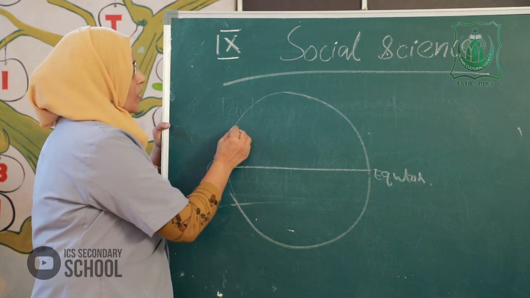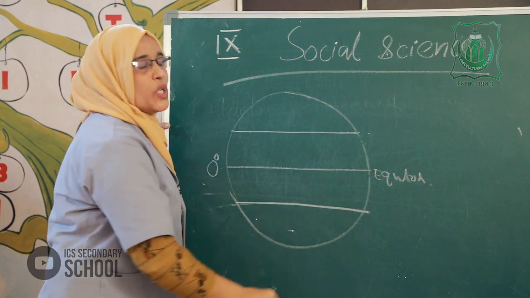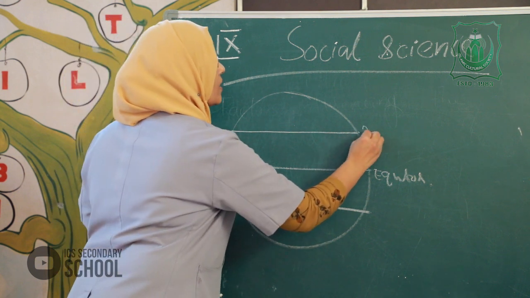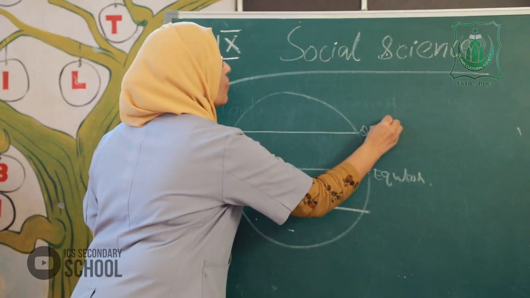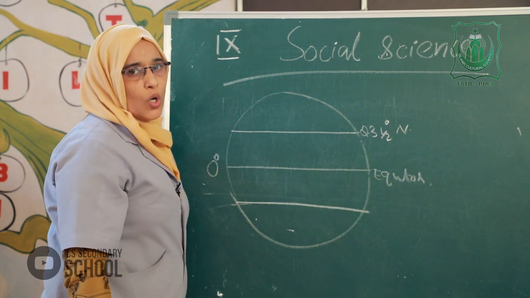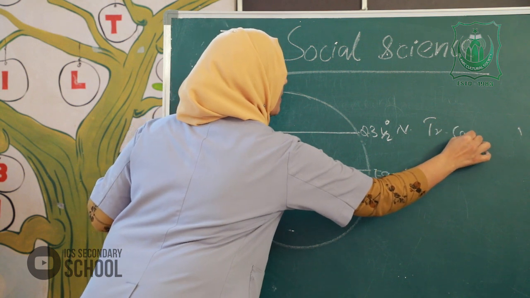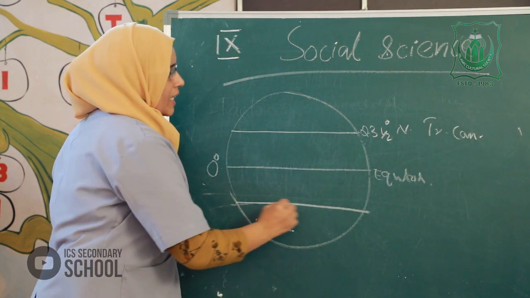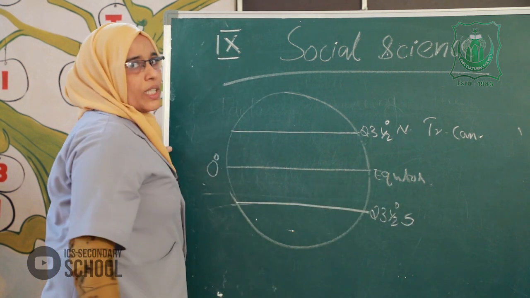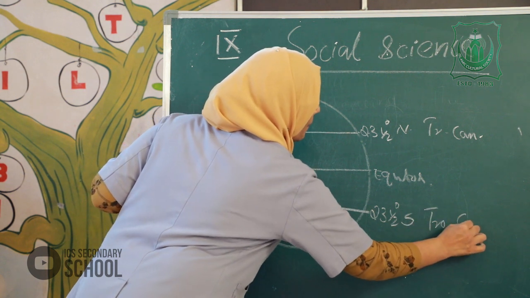Then 23.5 degrees north, Tropic of Cancer. Then 23.5 degrees south, Tropic of Capricorn.